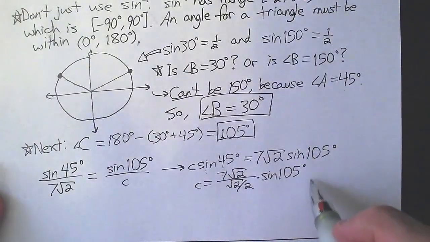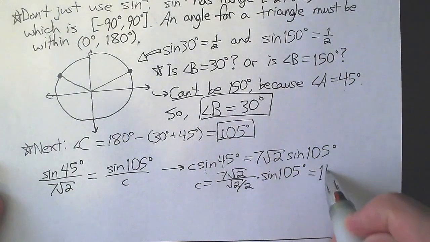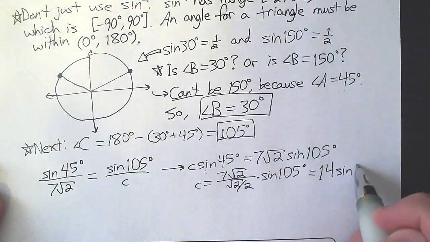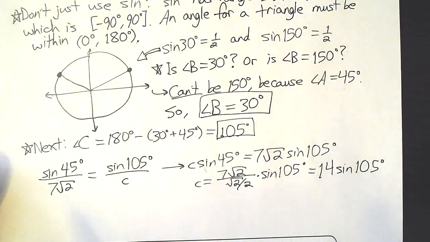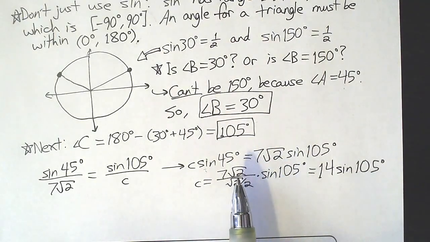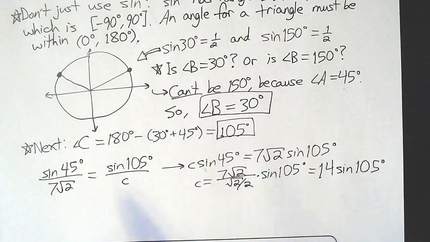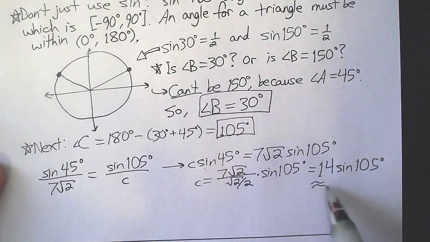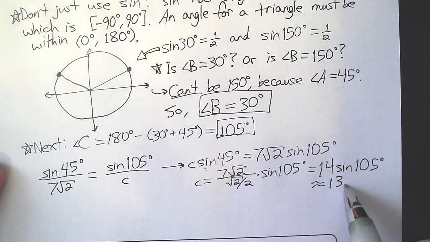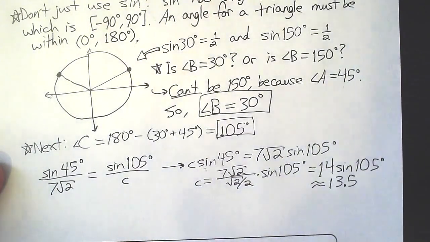I guess this would be 14 sine 105. So I did a little simplifying by canceling the square root of 2's, and then instead of dividing by 1 over 2, I multiplied by the reciprocal. So 7 times 2 got me 14. Sine of 105 degrees is not one of our common angles, so I did use a calculator at the end here. I found this is around 13.5.